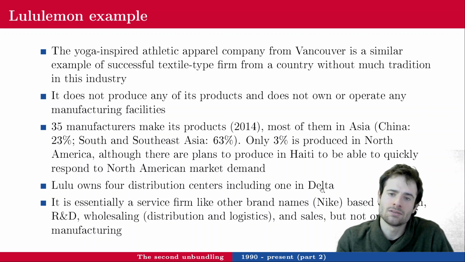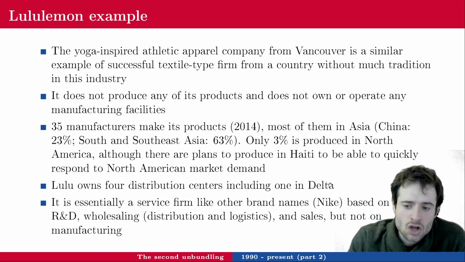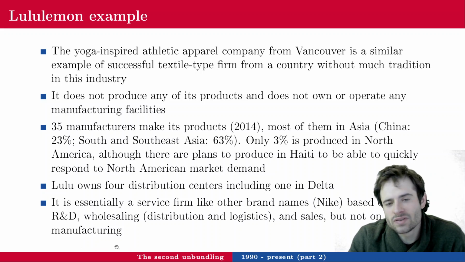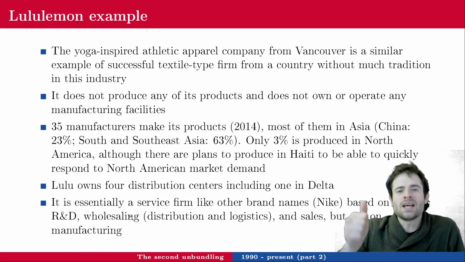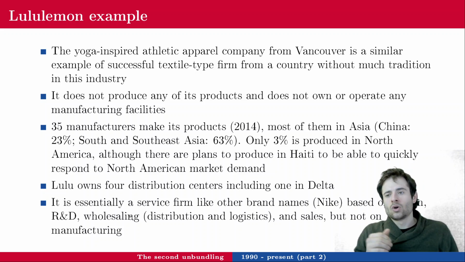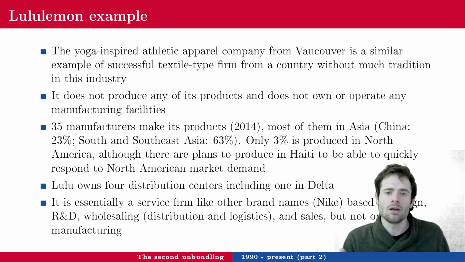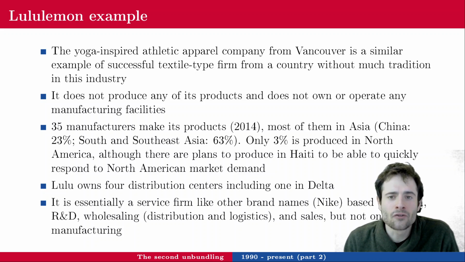There's one in Delta, British Columbia. So essentially what they do is they sell services. They sell the design, the production process, the fabric, the material and everything. And then they just ask firms to produce exactly what they need them to produce. But they're not the ones manufacturing.